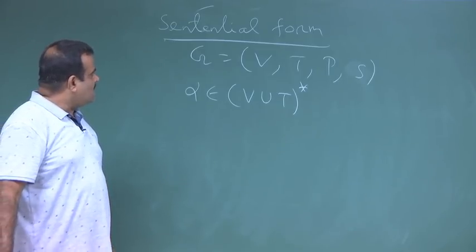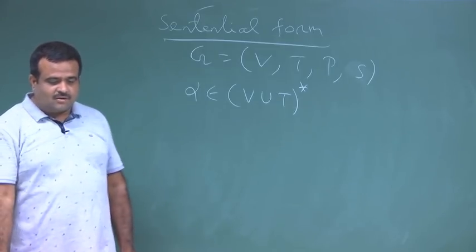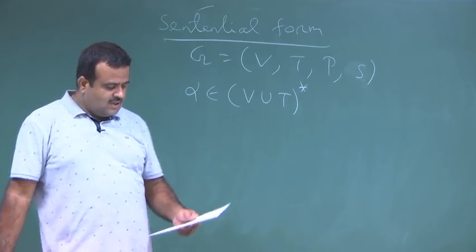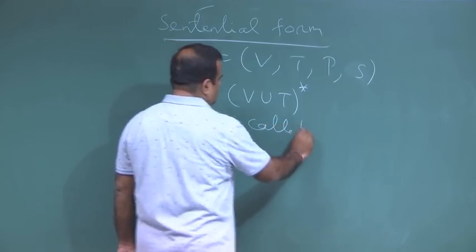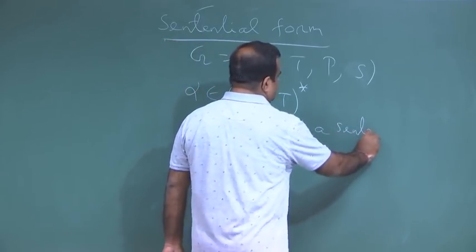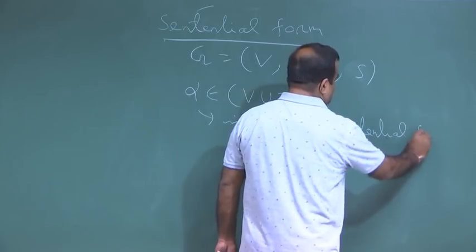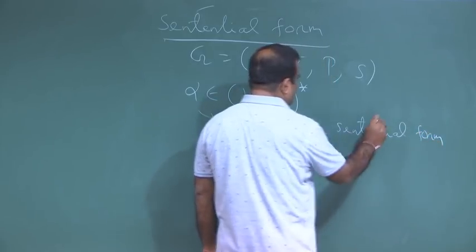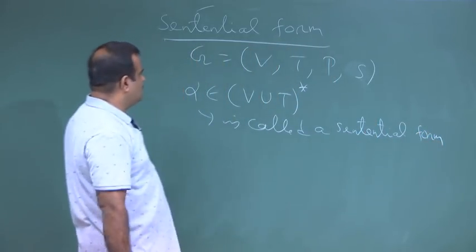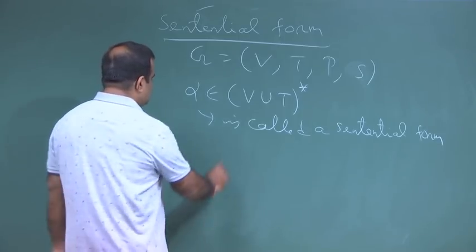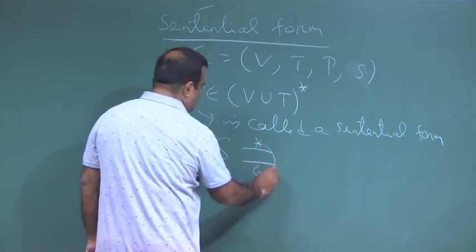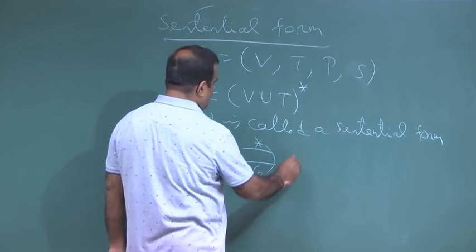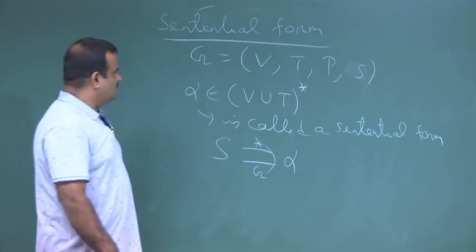Alpha is called a sentential form if alpha can be derived from S by the rules of this grammar, in one or more steps.